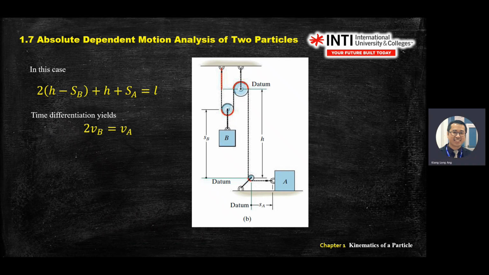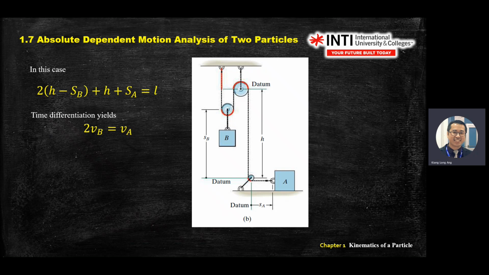Okay, so this one you move 2h plus h, you get 3h, but you differentiate with time, you still get 0. Then 2sb minus 2sb plus sa, you differentiate, you get 2vb minus 2vb plus va equals 0.